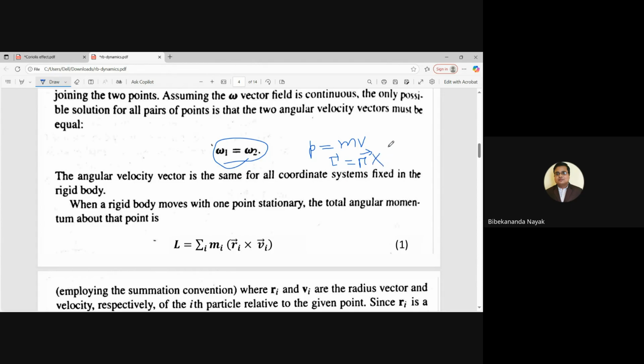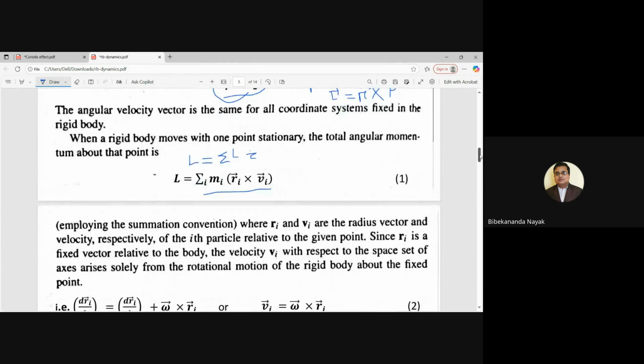But if there are a large enough number of particles in a system, we can take the sum of the angular momentum of each particle. So L is basically the sum over i of Li, and Li is nothing but R cross Pi. R cross Pi is Mi Vi, so we can write the sum over i of Mi R cross Vi.